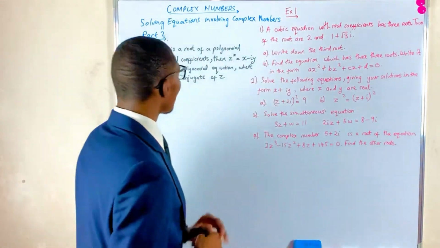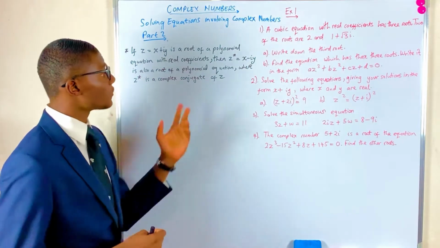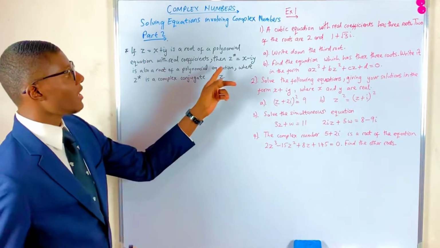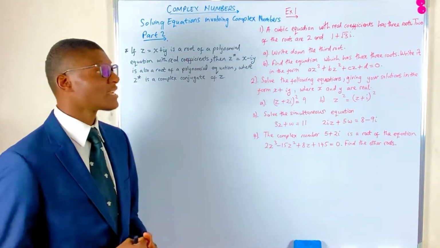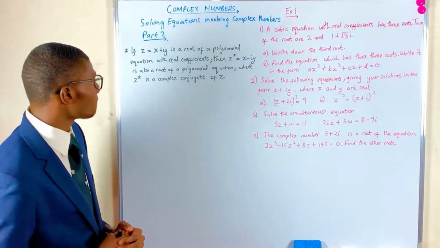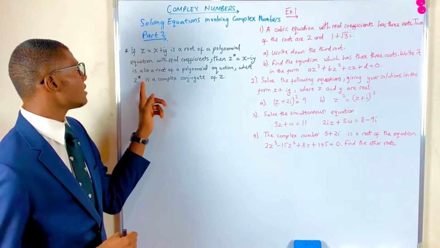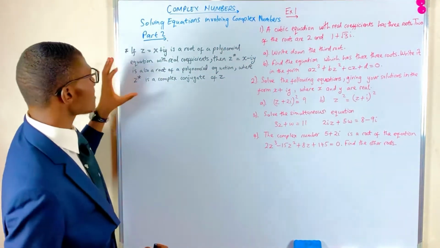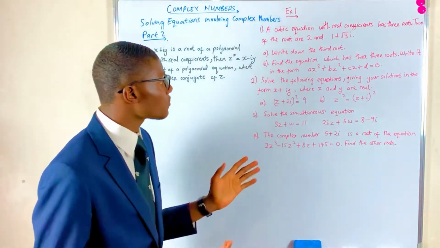What we need to know is that if z is equal to x plus iy is a root of a polynomial equation with real coefficients, then its complex conjugate, which is equal to x minus iy, is also a root of the polynomial equation, where z star is the complex conjugate of z. This is a very important result that we have to know, which we shall apply to these questions.